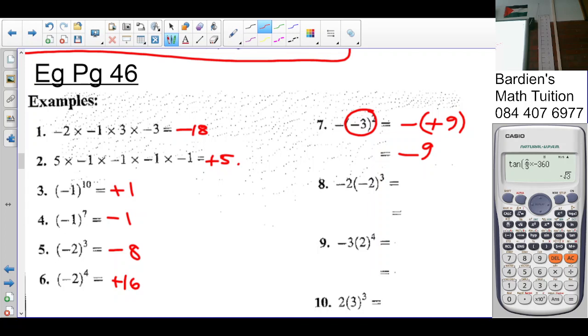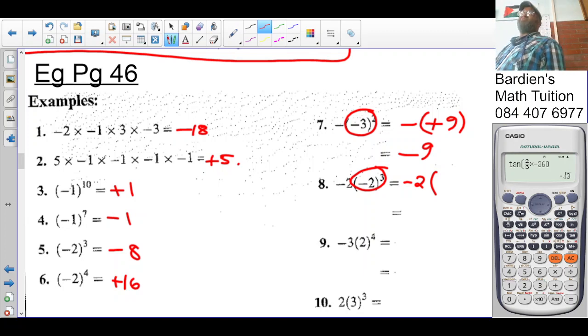Right. Next. So we need to sort out this bracket first. So it's going to be negative 2 cubed. Negative 8 or positive 8? Negative, because it's odd. Listen. 2 times 2 is 4.